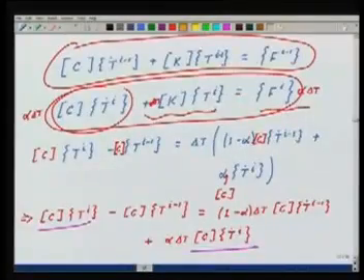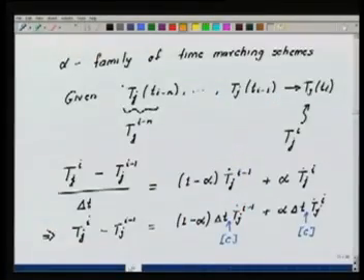Now we didn't say anything about the choices of alpha that we can take. Depending on the various choices of alpha, we get different types of schemes. For example, if I go to our definition of this alpha family, generally we are going to take alpha between 0 and 1. If alpha is equal to 0, you see we get a very interesting thing.